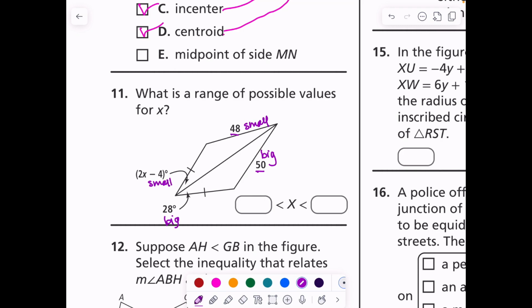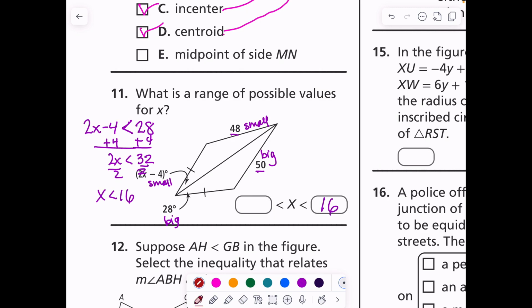One of them is 2x minus 4 has to be less than 28. Add 4, then 2x is less than 32, divide by 2. So x would have to be less than 16. That's going to fit right here.